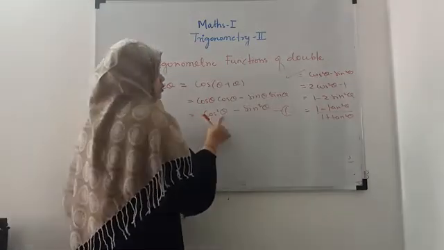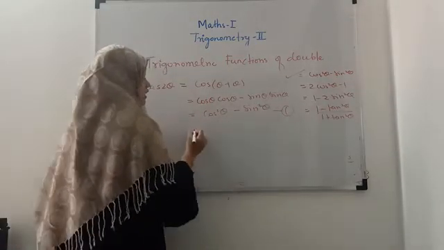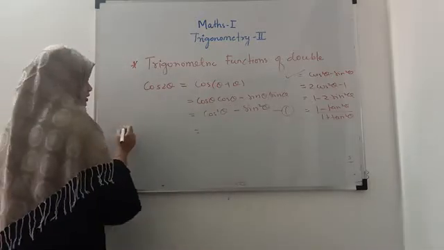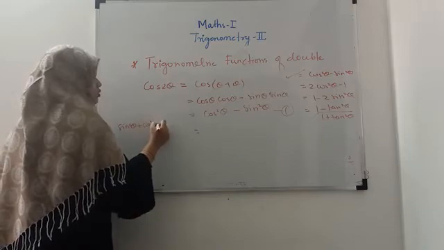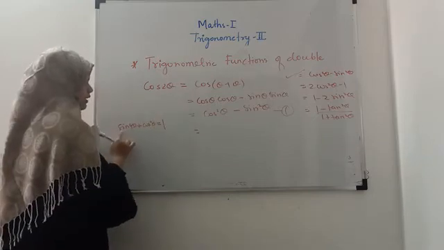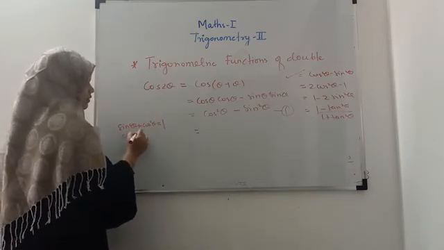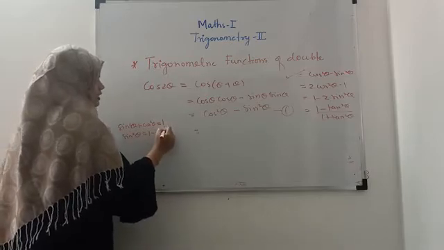Now here cos square theta is there, sin square theta is there. We know that sin square theta plus cos square theta is equals to 1. Okay, so from here we can find out the value of sin square theta. It is 1 minus cos square theta.